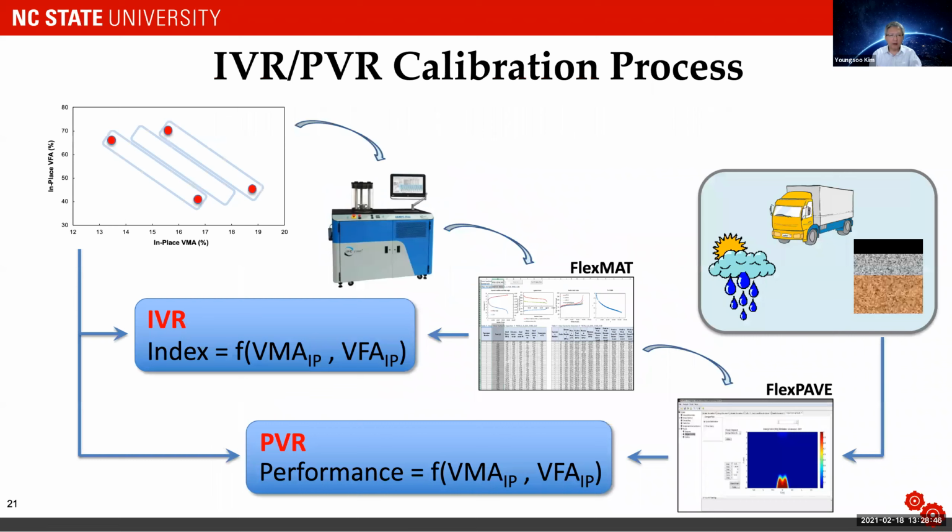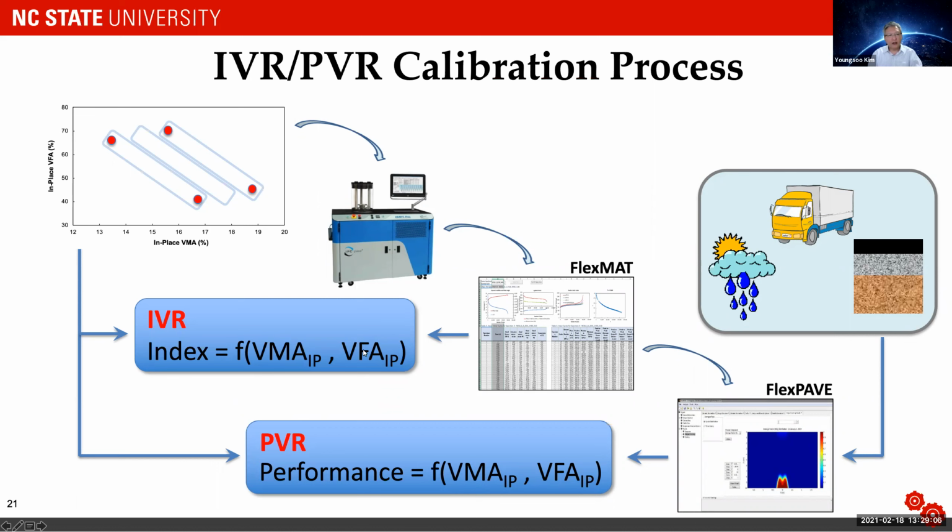Okay? So what we do to calibrate IVR and PVR is that when you have a mixture, then we identify these four corners and then fabricate specimens, run the AMPT test, go through FlexMat, go through FlexPave.